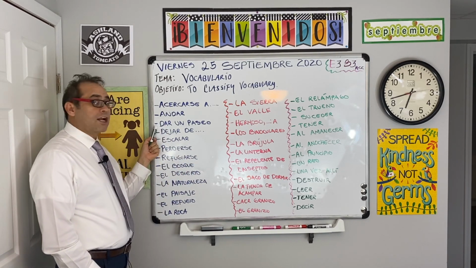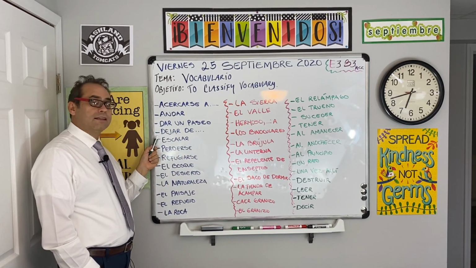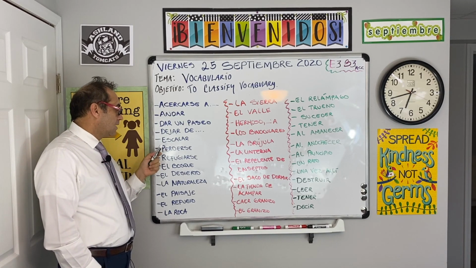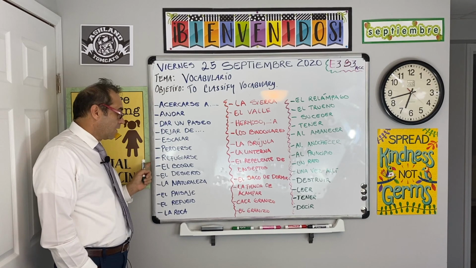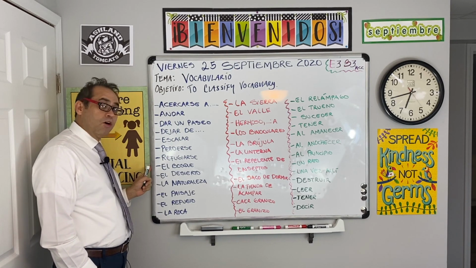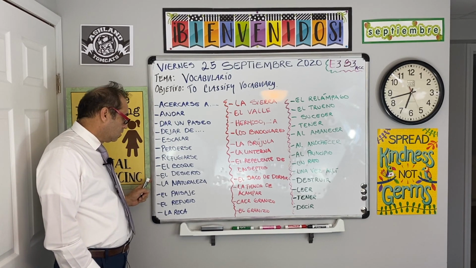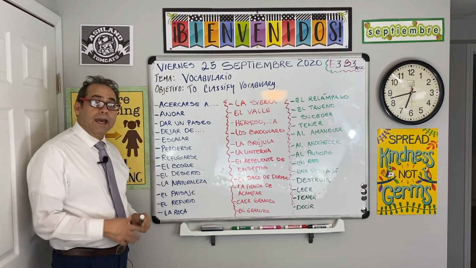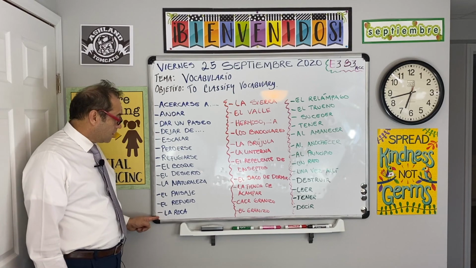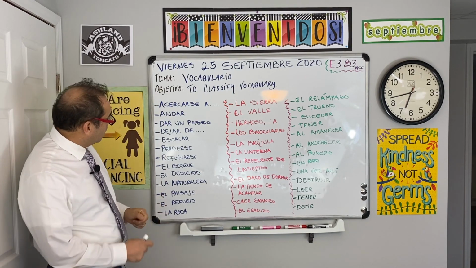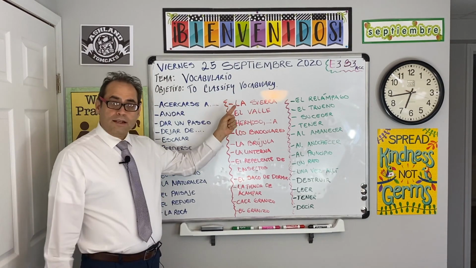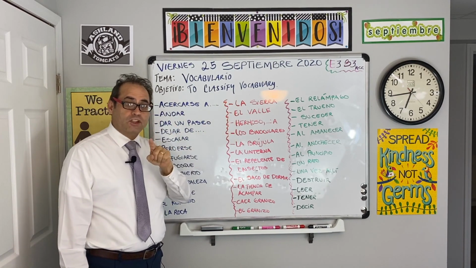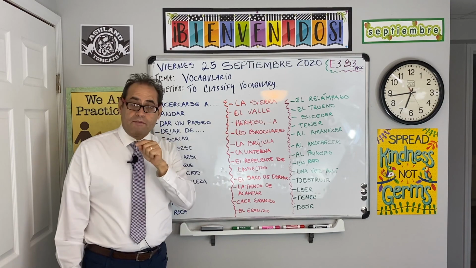Andar, dar un paseo, dejar de, to quit, to stop doing something. Escalar, perderse, refugiarse, el bosque, el desierto, la naturaleza, el paisaje, el refugio, la roca. As you can see, we got how many words here? About 13. La sierra, el valle, hermoso, masculine, hermosa, feminine.